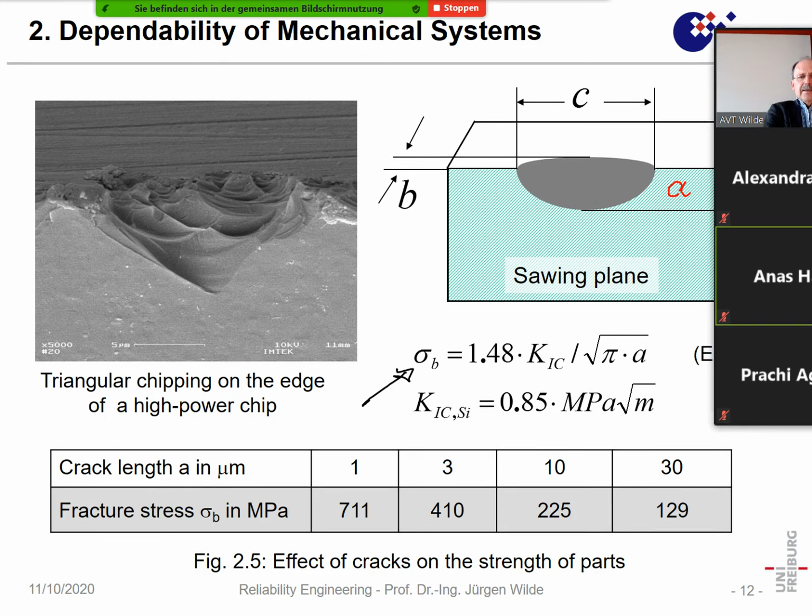So now you can address it in a way that you say for brittle materials, again, brittle materials are materials which have a low fracture energy, but typically a relatively high Young's modulus. For such materials, you can define the fracture stress, and that is no longer depending on the material alone.